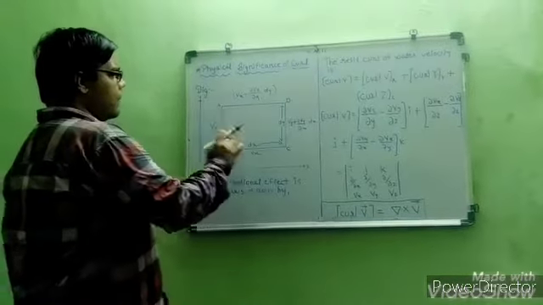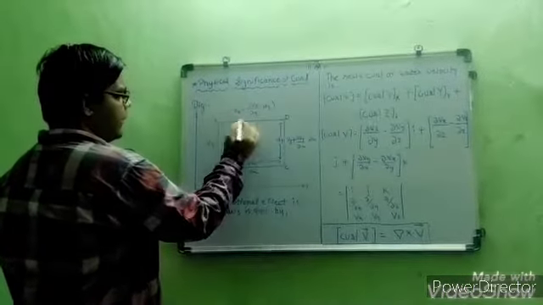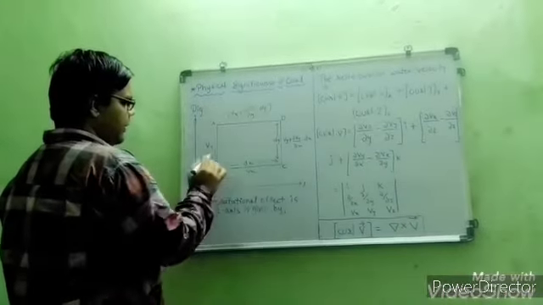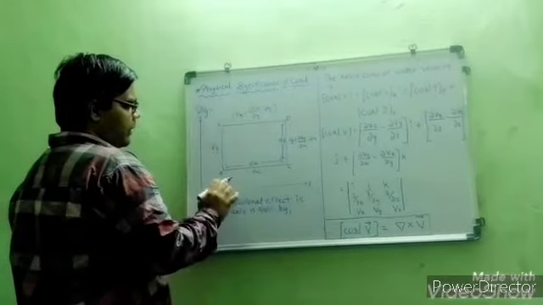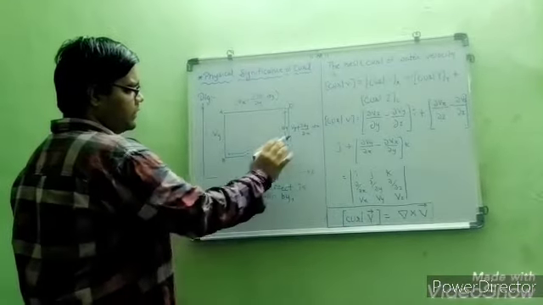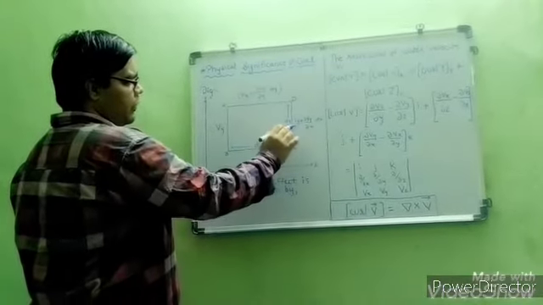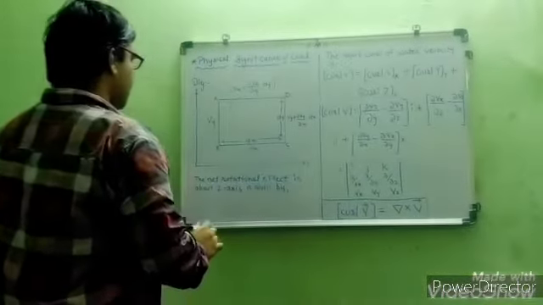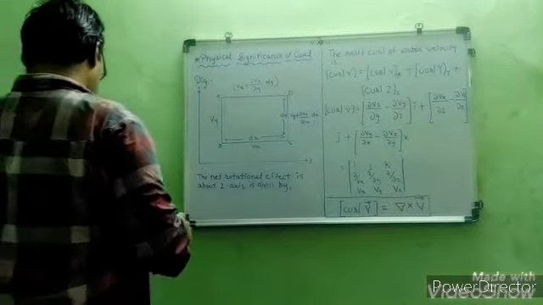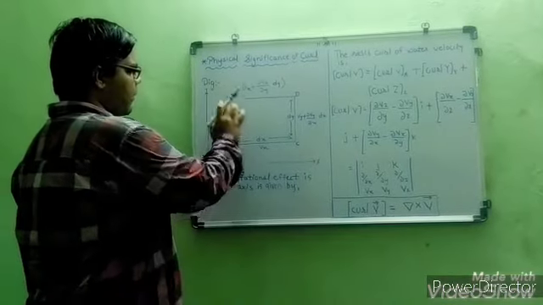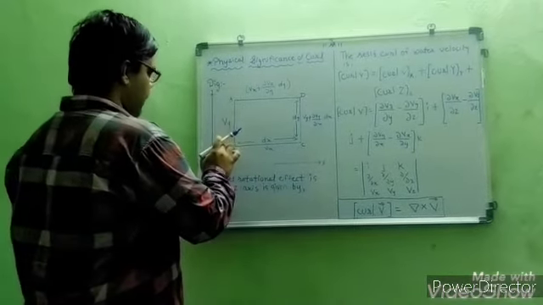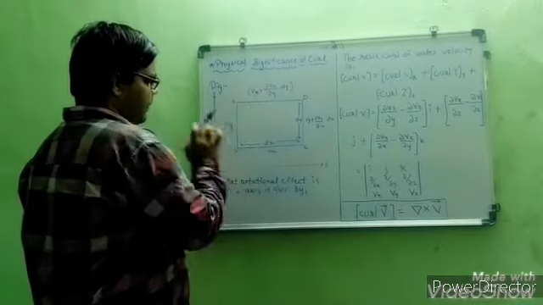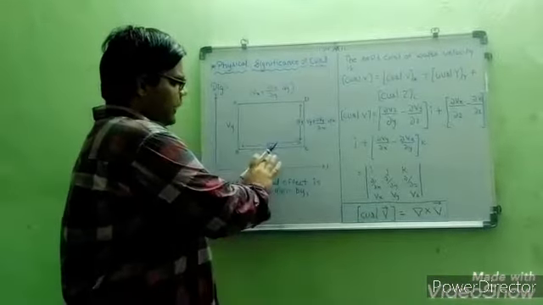Okay. So at the edge A to D, Vx plus del Vx by del y into dy; A to B, Vy; B to C, Vx; and C to D, Vy plus del Vy by del x into dx. So what is Vy? Vy is the y component of water velocities at the edge A, B. What is Vx?